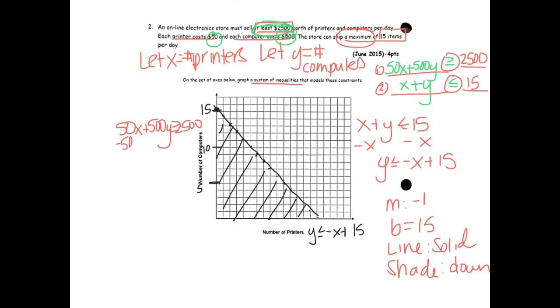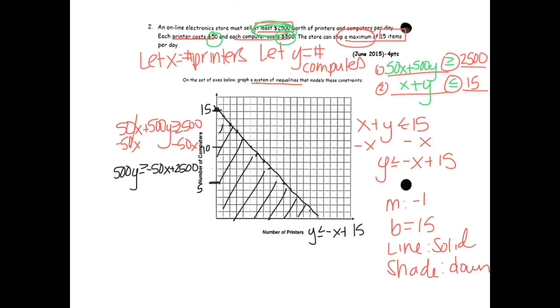Subtract over the 50x. So we have 500y is greater than or equal to negative 50x plus 2,500, excuse me. Let me erase that to make it neater.